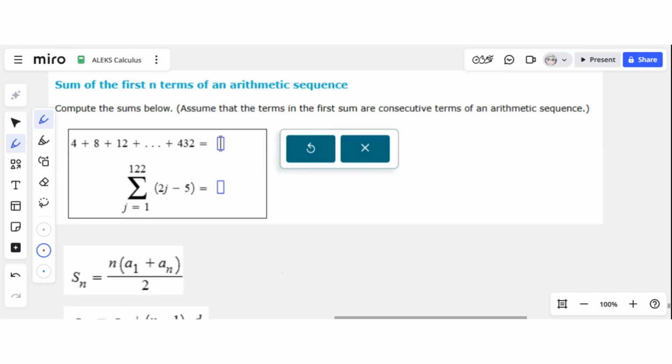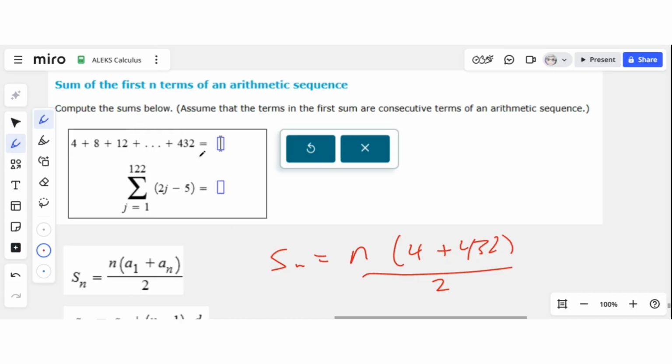Now some of that we know. I can start filling this out. I don't know n yet, but I do know the first term, that's 4, and the last term, that's 432, and that's all divided by 2. So what we need to do is figure out the number of terms here.